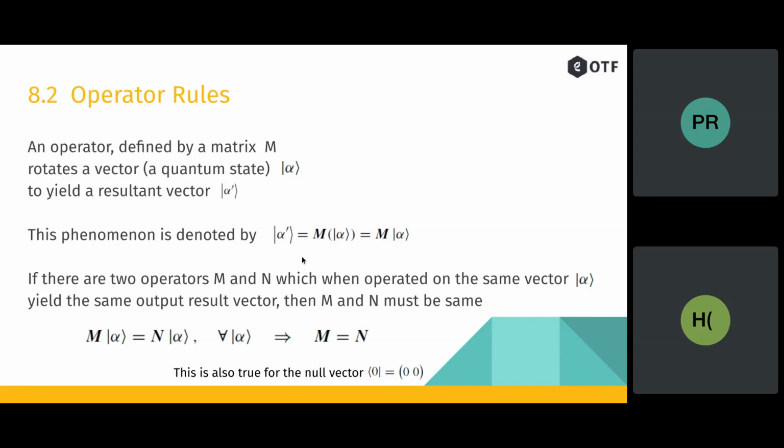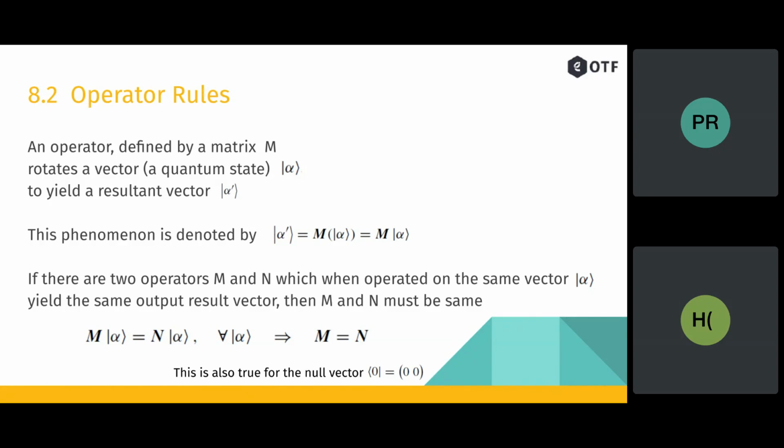This is denoted as ket alpha prime equal to matrix M into ket alpha, and the operation happens as M multiplied by ket alpha. So ket alpha is the vector. If there are two operators M and N, this is the linear combination. You have a vector and you are multiplying by a matrix. The new vector is also a vector.